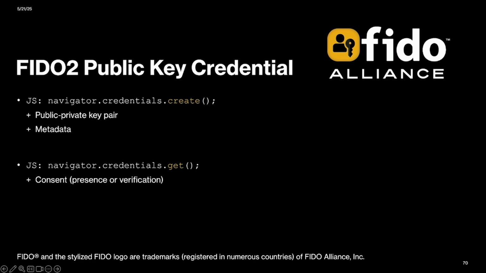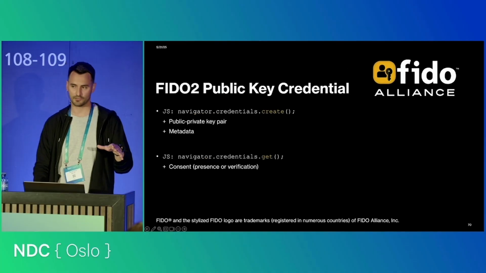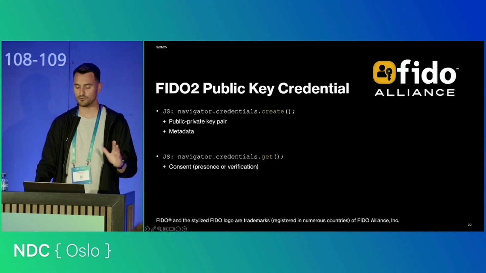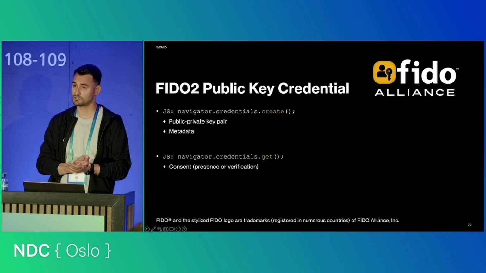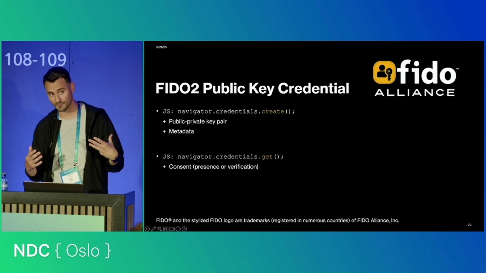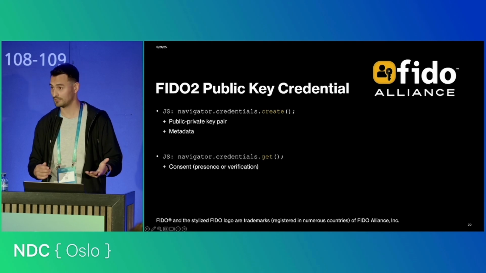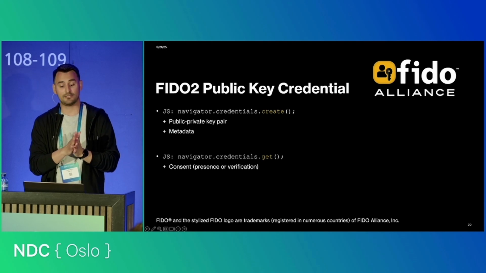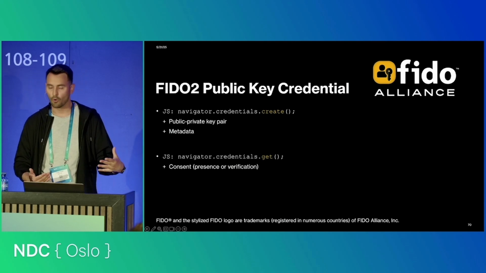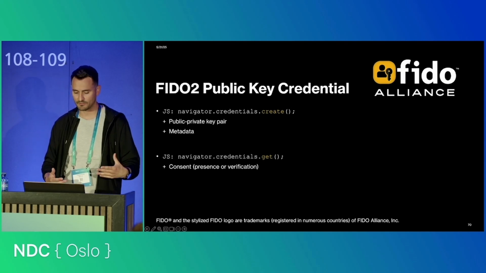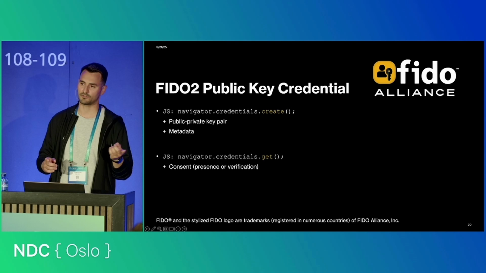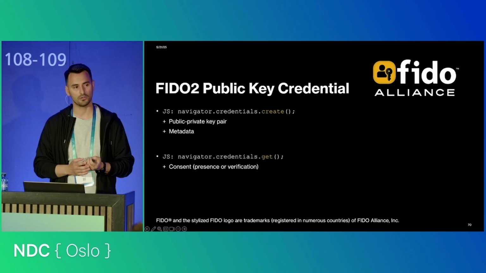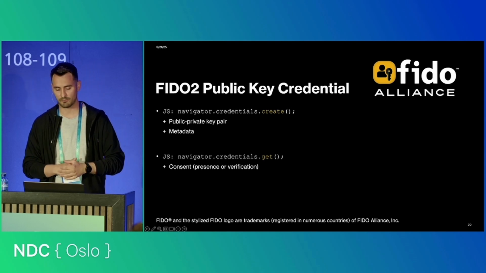Now, depending on the options provided by the websites when creating the credentials, this consent can either be a simple confirmation button, like tap to confirm, which just ensures there's somebody on the other side of the screen trying to authenticate, known as a user presence requirement, or it can be a stricter requirement, where the authenticator must also assert who is giving consent on the other side of the screen. And this is called user verification requirement.